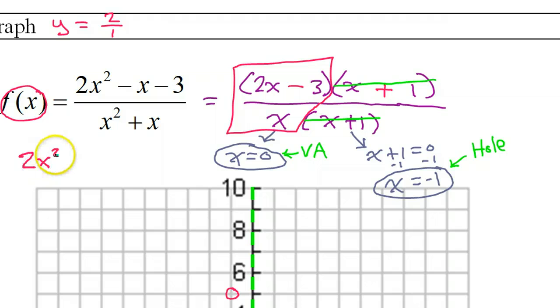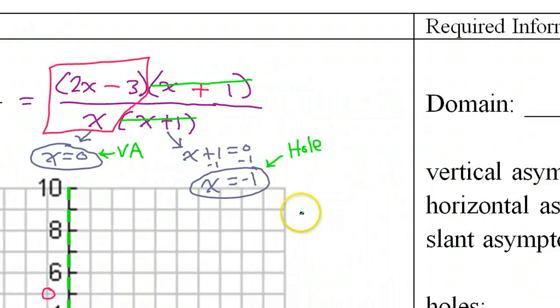So, 2x squared minus x minus 3, the numerator must equal 0. Now, let's look at the form of the function after we've canceled out the x plus 1's. So the numerator would have to equal 0. So that means 2x minus 3 would equal 0.